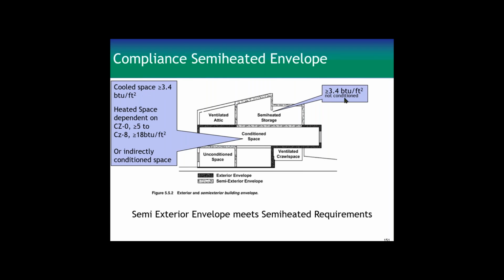This is cooling, this is heating. So if you've got it heated to more than 3.4, but not a conditioned space, so it didn't fall over: if it got to 5 in climate zone 0, it would become conditioned. If it got to 18 in climate zone 8, it would become conditioned. But semi-heated is somewhere between 3.4 and what it takes to become a conditioned space.